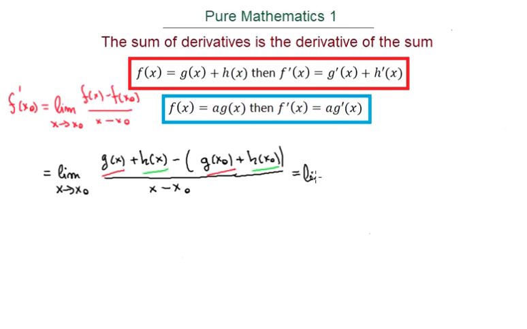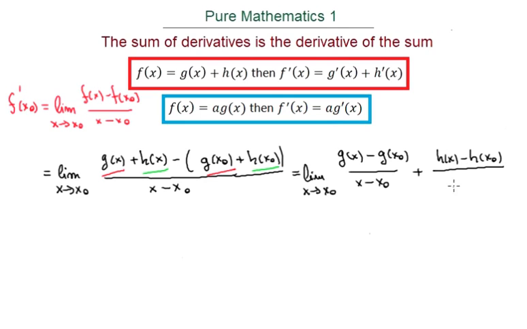We will then get limit when x tends to x0 of g of x minus g of x0 over x minus x0, plus the second fraction that we get, h of x minus h of x0 over x minus x0. So what we did here, we split this one fraction into two by regrouping the terms.